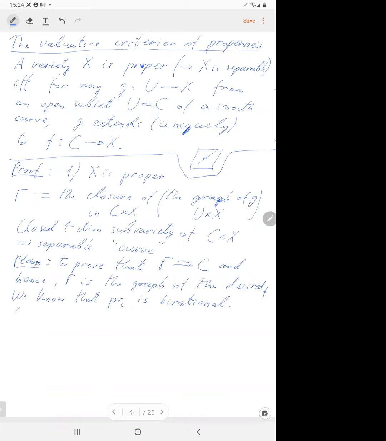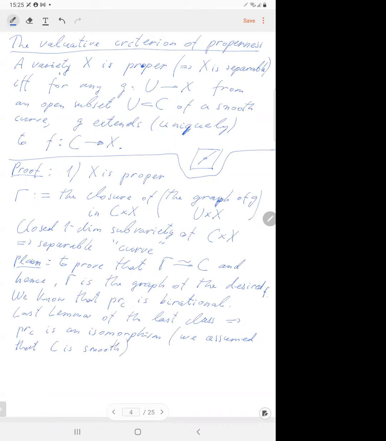And the last lemma of the last class, last Thursday, then implies that this projection to C is an isomorphism because we assumed that C is smooth.